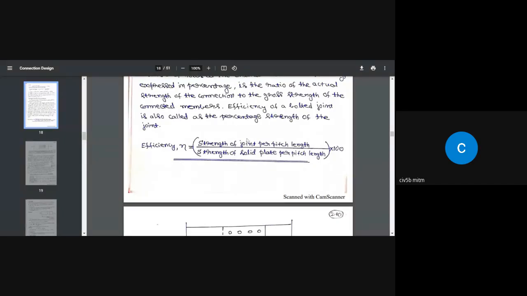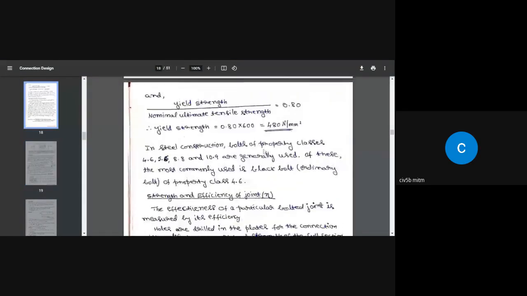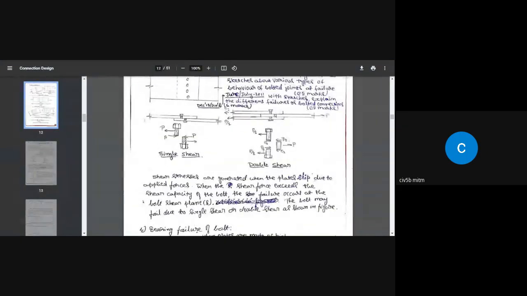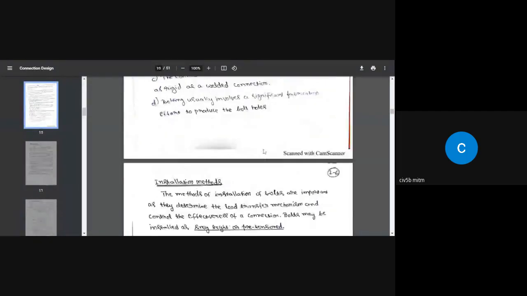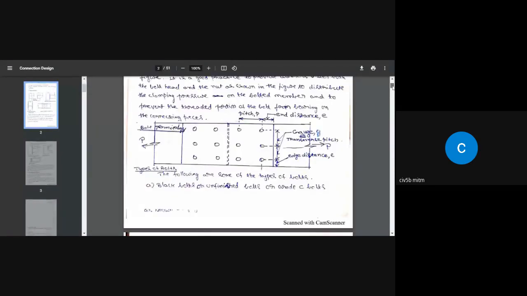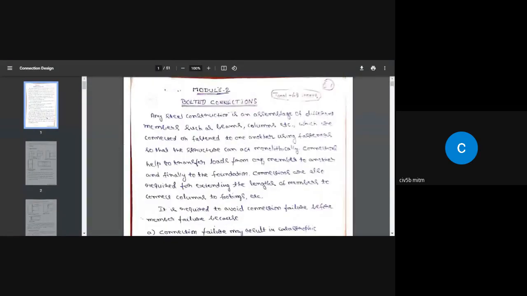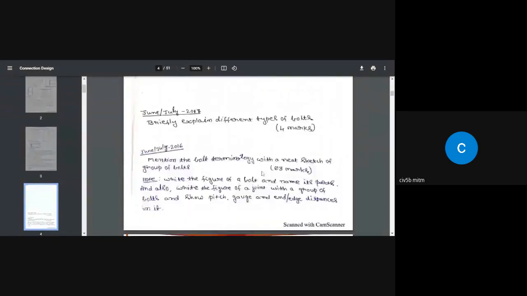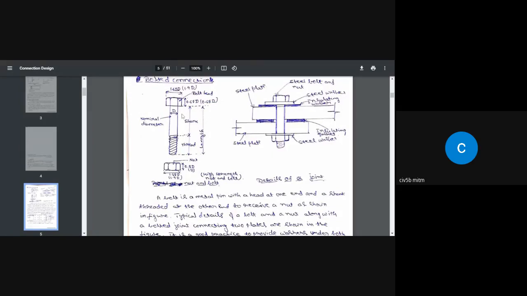Before starting problems, I will go back to the previous page, that is page 3, to explain about the connections. If you look here, this is a bolt.